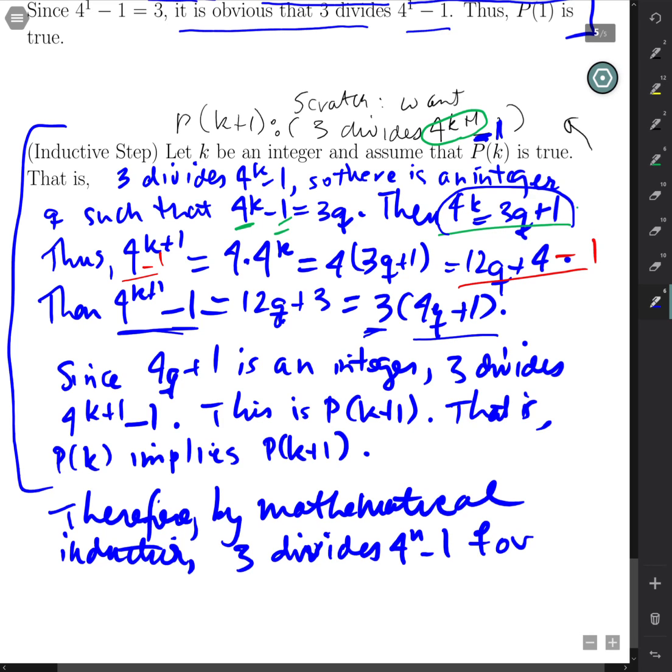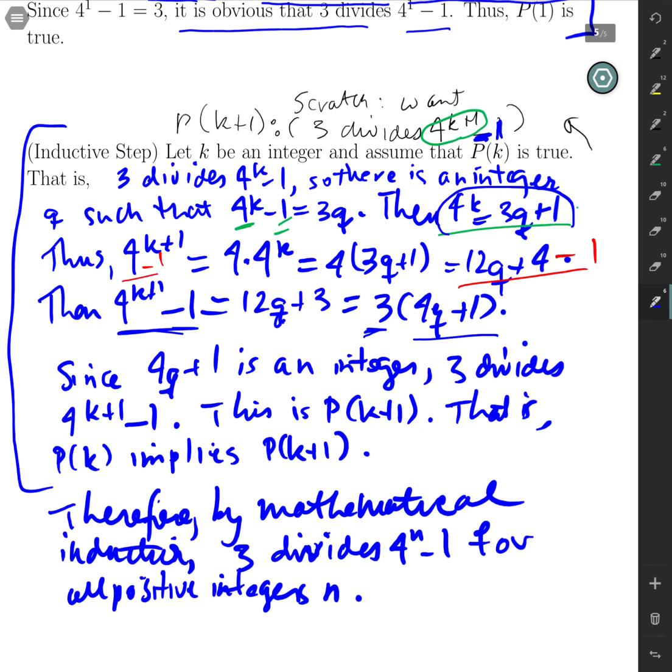Well, in this case we proved it for all positive integers n. And you may find that you encounter a problem or two with this divides concept. There are nice examples of mathematical induction.